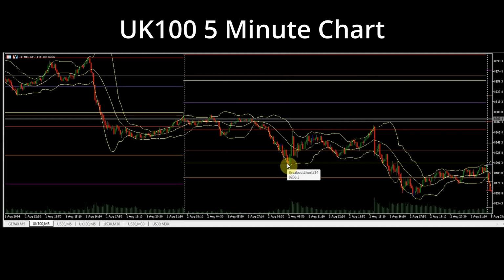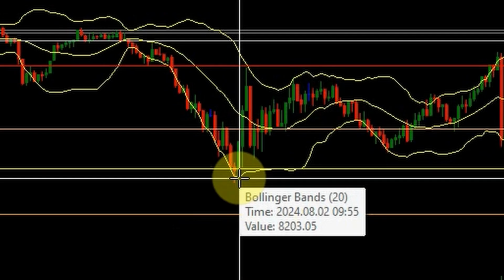Here's an excellent example of using the levels to target the extreme gap, using one of these levels to reject off, and keeping a stop loss outside of the expected range of the trade. So the opening candle was this one here.